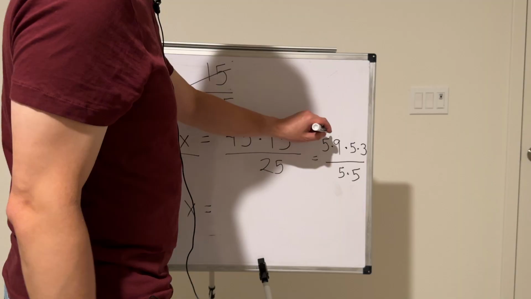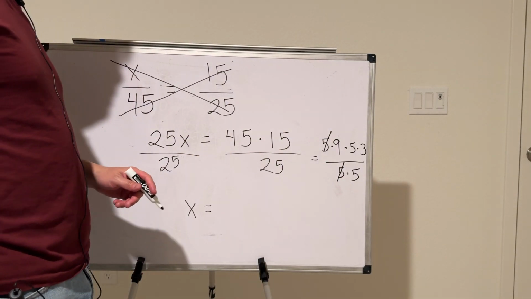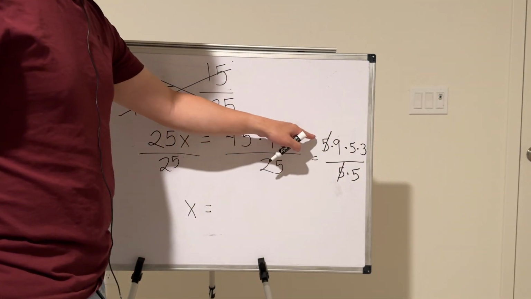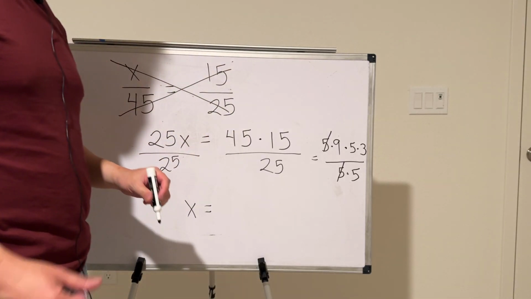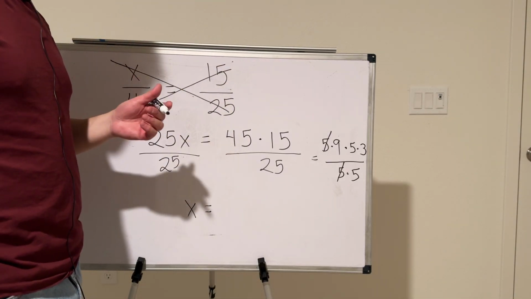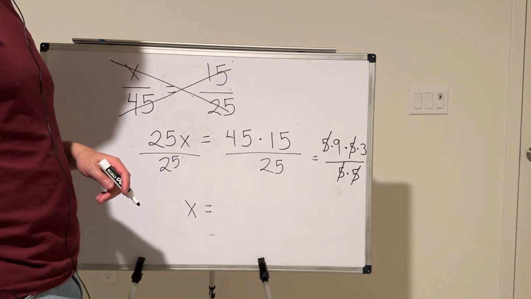Notice that I can take a 5 on the top and the 5 on the bottom and cancel them, because something times 5, and that same something divided by a 5 will have the two 5s cancel out. I can also do a cancellation for the other set of 5s.